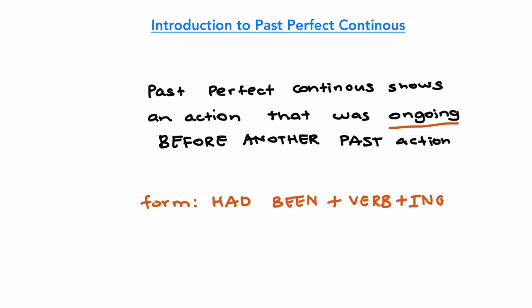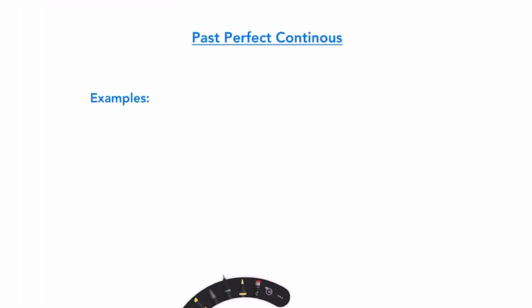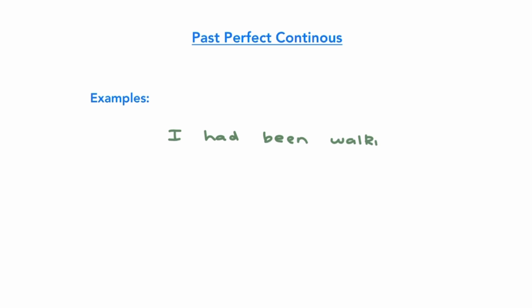Okay, let's go through a few examples. Two examples should be enough for this. Okay, so I had been walking. So this includes had been, and it also includes a verb ending with ing. So it makes past perfect continuous. Same with the second one. She had been studying. Had been, and the verb ends with ing.